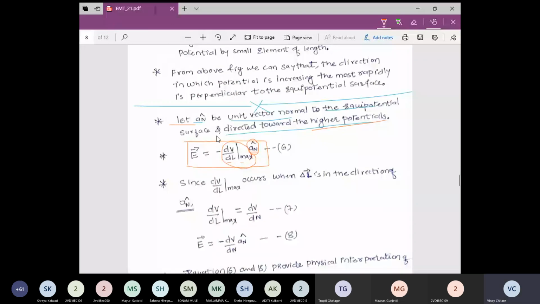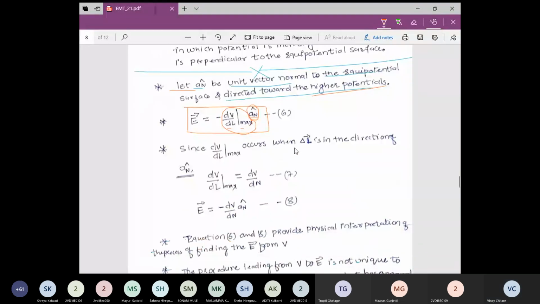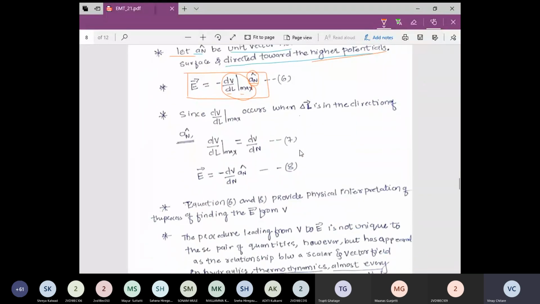So this is the magnitude and this is the direction. With this, we got to know the physical interpretation, the process to find the relationship between the electric field and the potential.